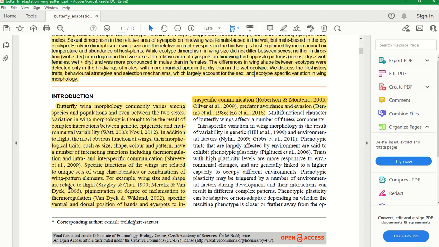Wing size and shape are obviously related to flight. So perhaps a butterfly that needs to migrate a lot farther in distance will have a larger wingspan to help them with that. Pigmentation or degree of melanization is related to thermal regulation, so the coloration of their wings. Melanization means that the color is darker, and this is related to thermoregulation.